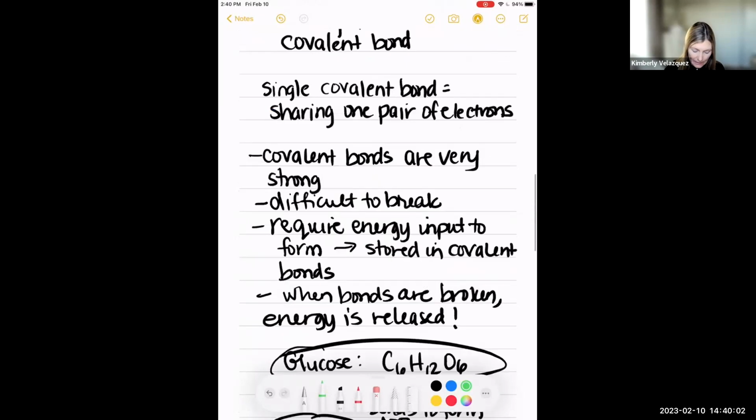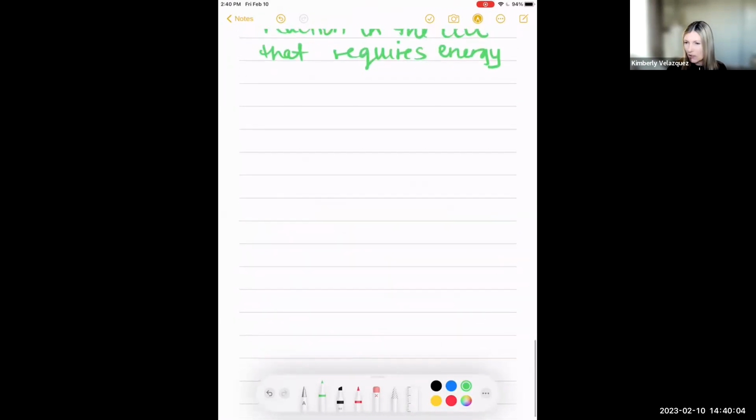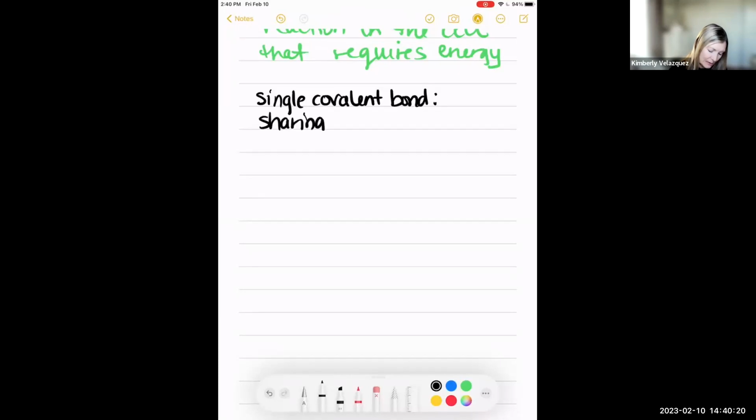So a double bond is sharing 2 pairs of electrons, and a triple bond is 3 pairs of electrons. So let's write all 3 kinds of covalent bonds here. Single covalent bond, sharing 1 pair of electrons.